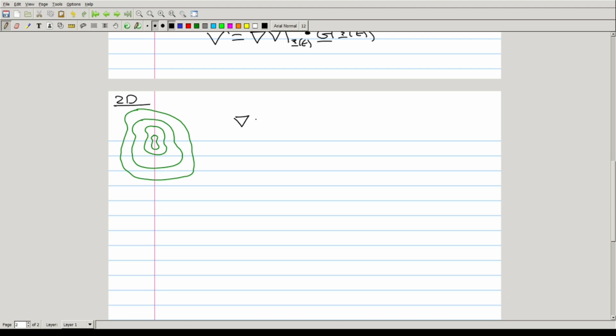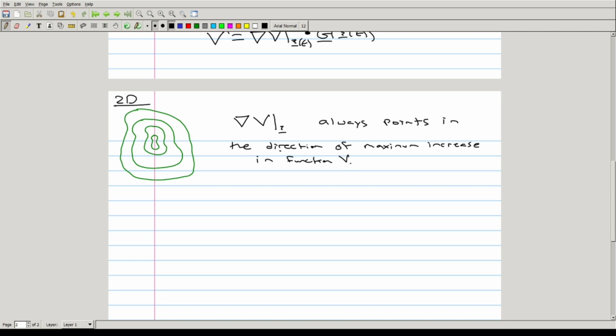For a function v, a gradient vector at a point xi always points in the direction of maximum increase in the function v at the point.